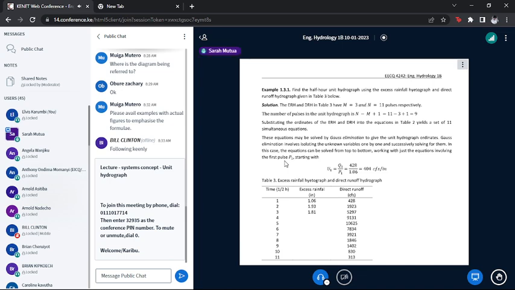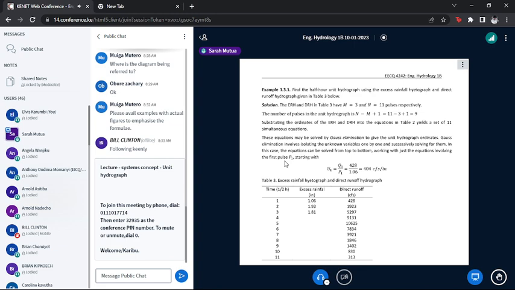So we have an example. Find the half-hour unit hydrograph using the excess rainfall hydrograph and direct runoff hydrograph given in the table below. The excess rainfall hydrograph and the direct runoff in table 3 have M equals 3 and N equals 11 pulses, respectively.